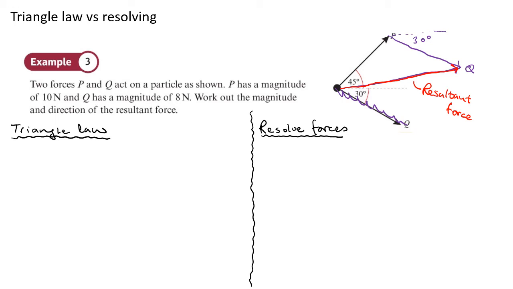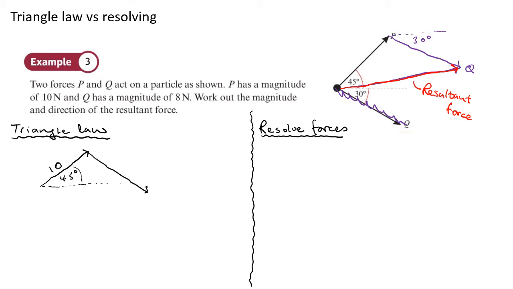So I'm going to draw that diagram down here. So this is force P. Now in the question it says that it's 10 newtons. And I know it's 45 degrees from the horizontal. And then I'm going to draw force Q. Now force Q is going to be something like this.